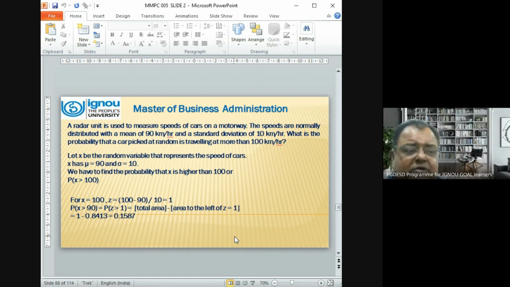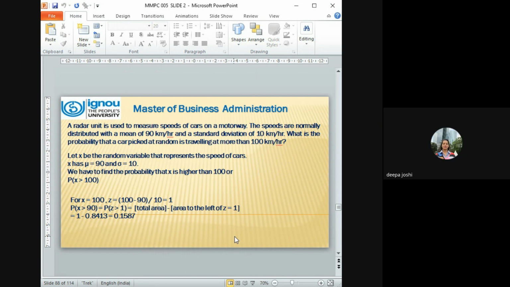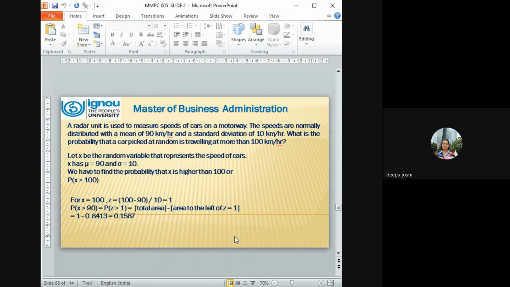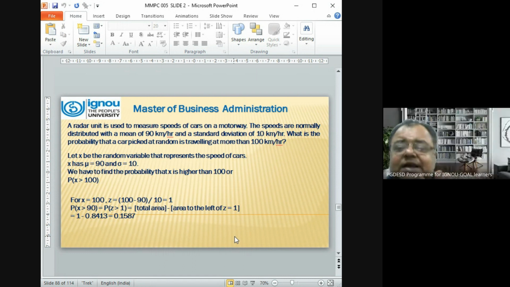Now, you should be aware of mu, that is the mean. Is that given in the problem? For Z score, you need standard deviation. Is that given to you? That means this is a confirmed case of normal distribution.